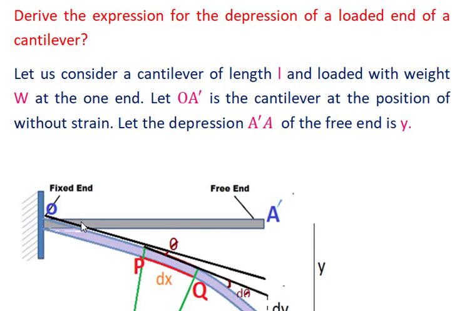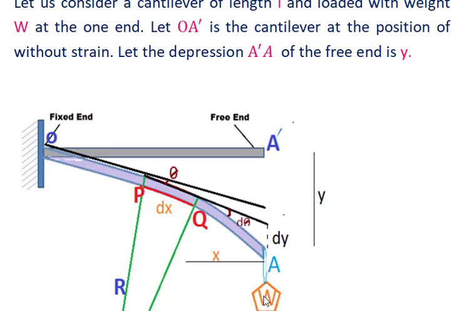OA dash is a cantilever of length L. The length of the cantilever is L and it is loaded with weight W at one end. Let OA dash be the cantilever at the position without applying any weight. Let OA be the position after the weight, the strain, is applied.